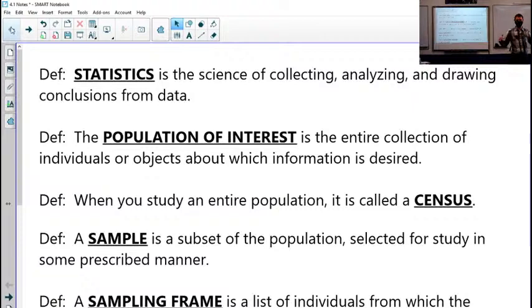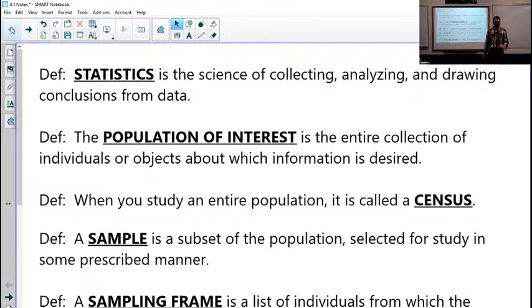We took a census of everybody and gathered data. Counted up everybody. But usually we don't have the time or the resources or the means by which to collect data about every single thing.